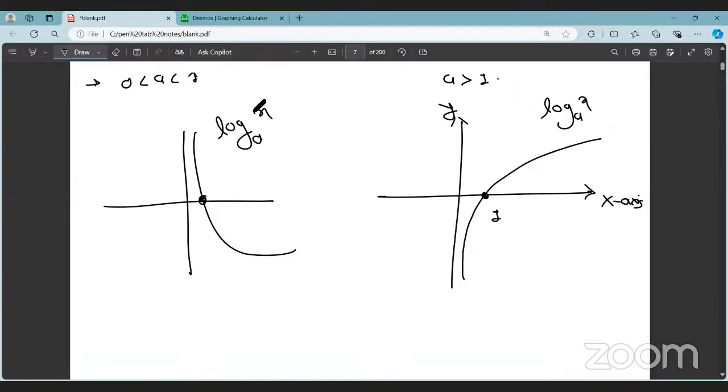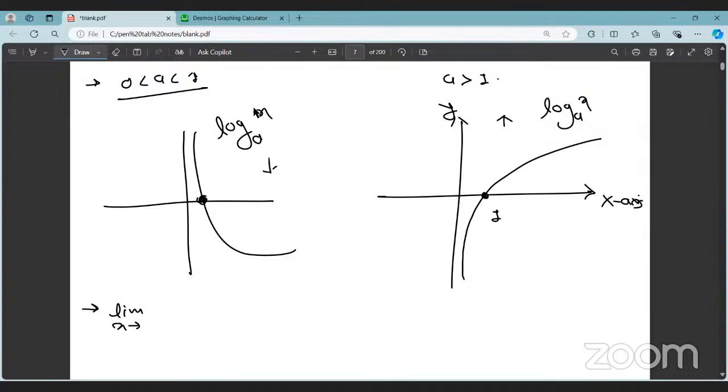So this is the graph of the logarithmic function. In this case, the logarithmic function is a decreasing function, and in this case, it is an increasing function. Now, by observing the graph, just answer a question. I think you are now familiar with the limit concept.